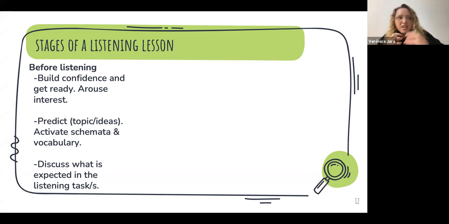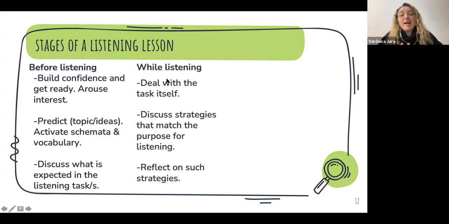Do you have to do this or that, right? What is important is to make sure that, as you can see in the before listening, we prepare students for what's coming next. Then we will have the while listening, when students are manipulating, in a way, the listening text, so they are dealing with the task or tasks, where we will discuss strategies that match the purpose for listening.